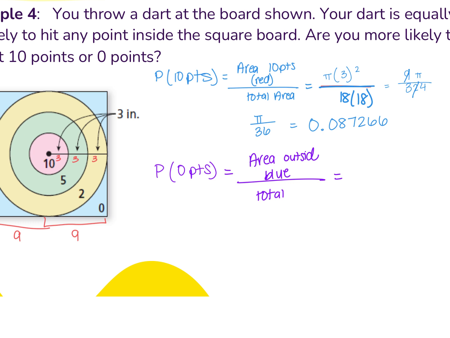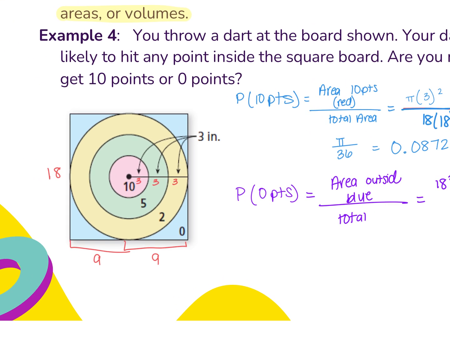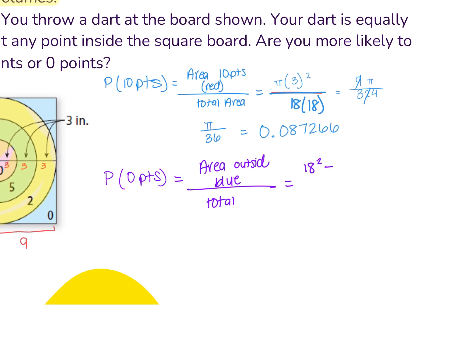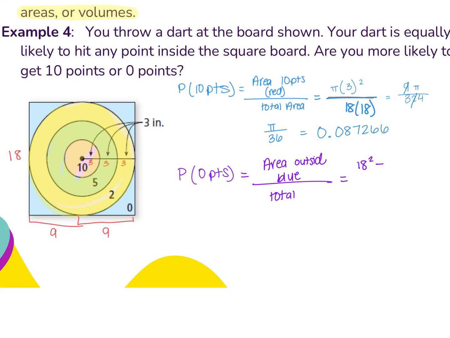Okay, so I need to take the total area, which we know how to find. You're squaring your sides. So I'm going to take 18 squared minus the area of this entire circle. I'll highlight it. This entire thing, okay? The entire big circle, regardless of the green, regardless of the pink. It's just the entire big circle. So how do I find area again?